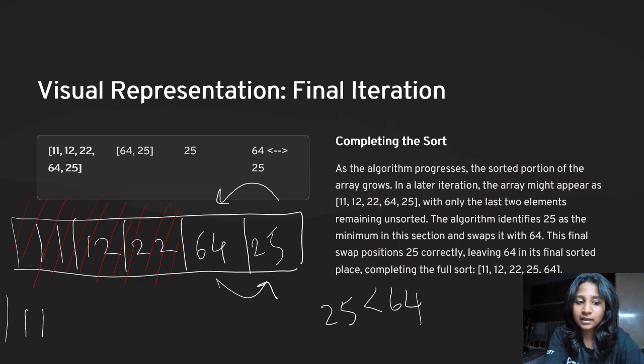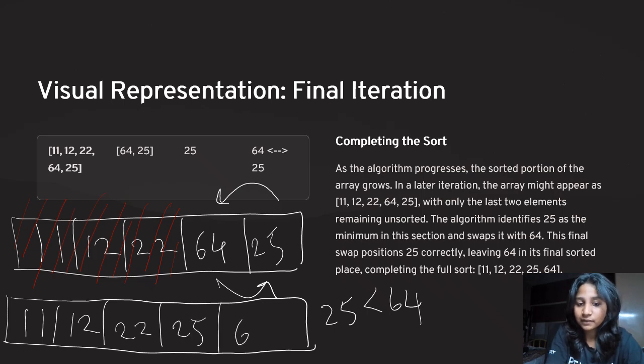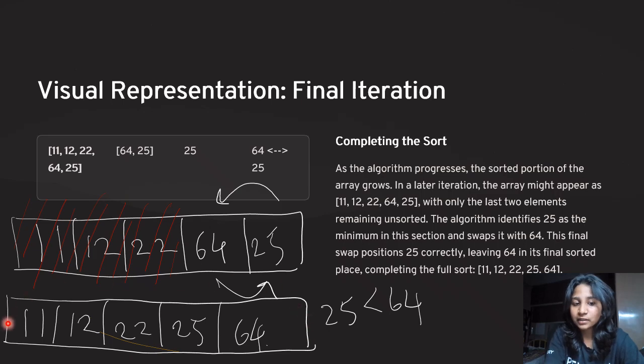After swapping, our array would look somewhat like 11, 12, 22, 25, and 64. Clearly this is our sorted array in ascending order. So this is the entire concept of how our selection sort works.